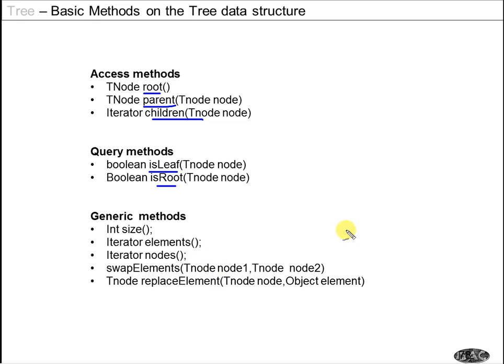So you can swap the elements between two nodes: node 1 goes to node 2 and node 2 goes to node 1. You can also have a particular node's element replaced. It is like a set in a linked list.